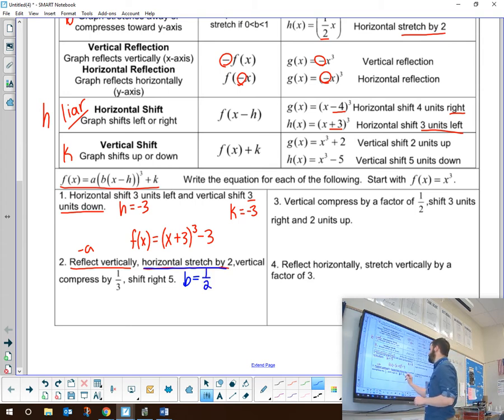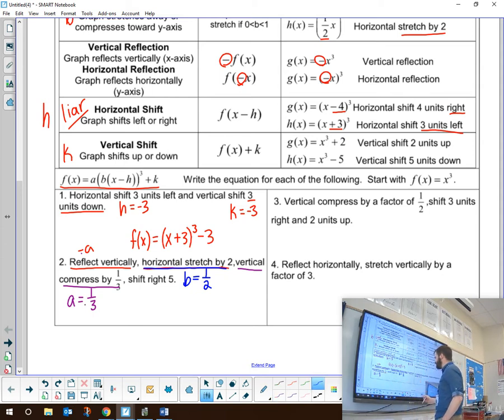That means my B is actually going to be 1/2. Next, vertical compressed by a third. Man, we got a lot going on today. If I have a vertical compressed by 1/3, vertical compressed, that's my A. And so we're going to say my A is 1/3. Now my A is negative and 1/3, so I have to keep both of those in mind whenever we write my equation.